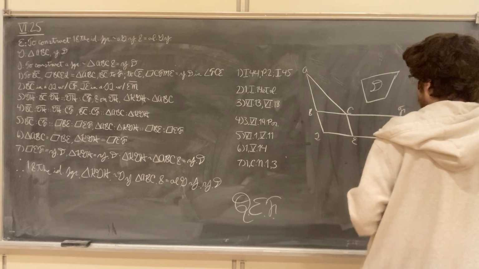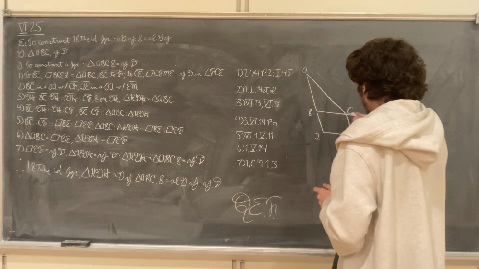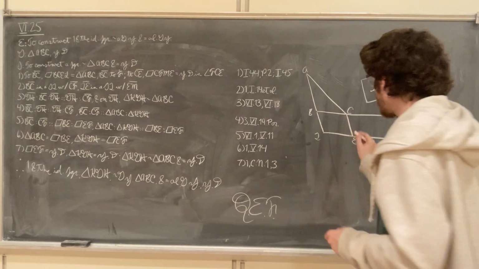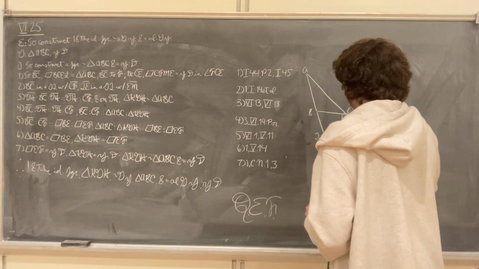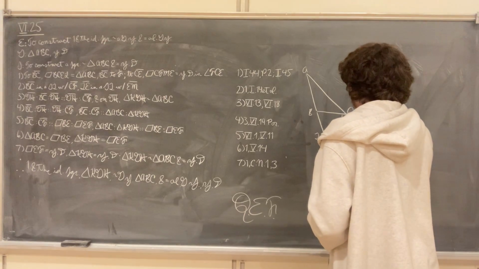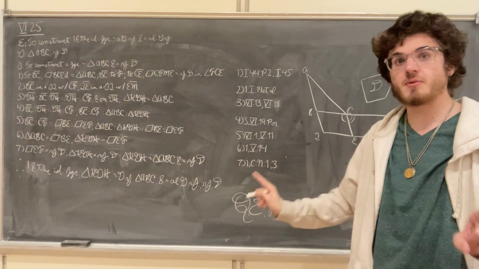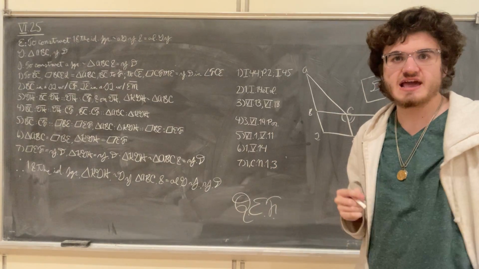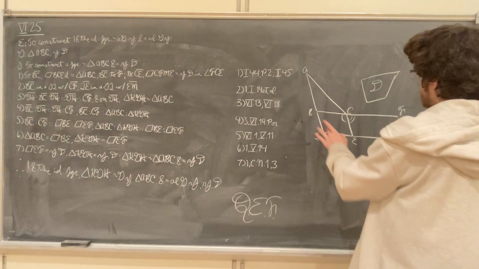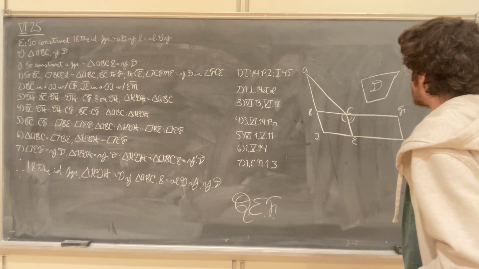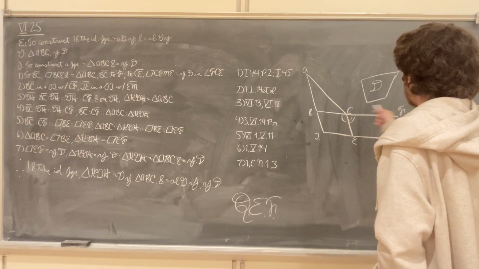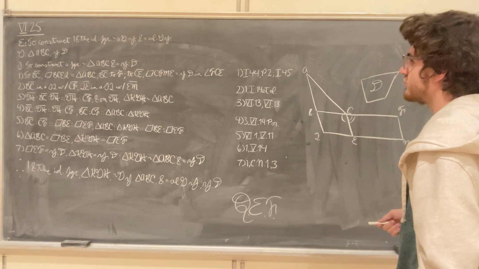Because BF is a straight line, it then follows by proposition 1.13 that the angle BCE plus the angle FCE add up to two right angles, right? When you have a straight line falling upon another straight line, the adjacent angles add up to two right angles. So the angle BCE is going to add up with the angle FCE to create two right angles.